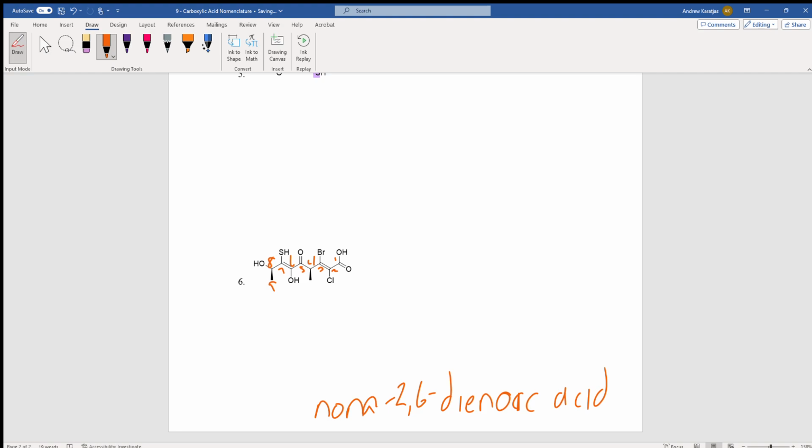Now, what about all the substituents? Let's go ahead and make a list because there's going to be a lot to keep track of. Carbon 2, we have a chlorine. Carbon 3, bromine. Carbon 4, we have a methyl.